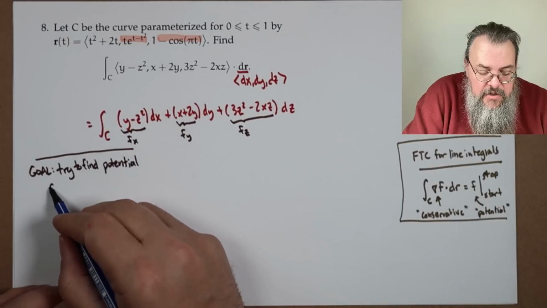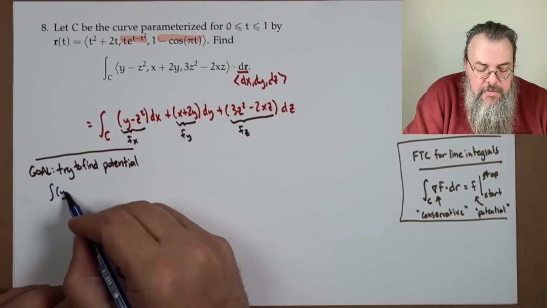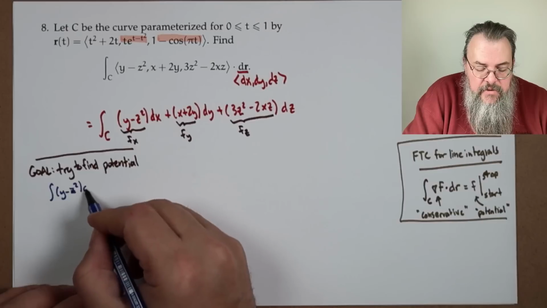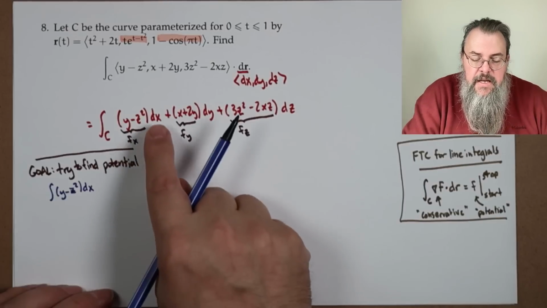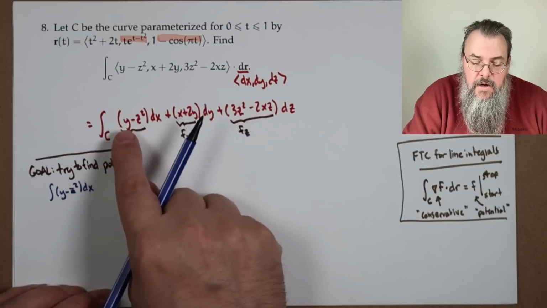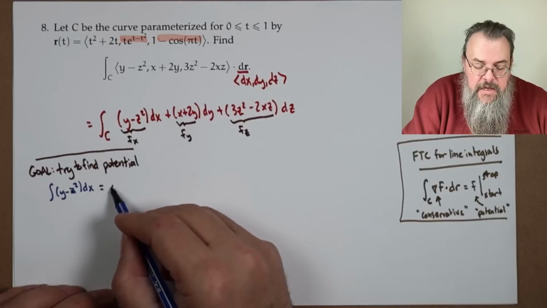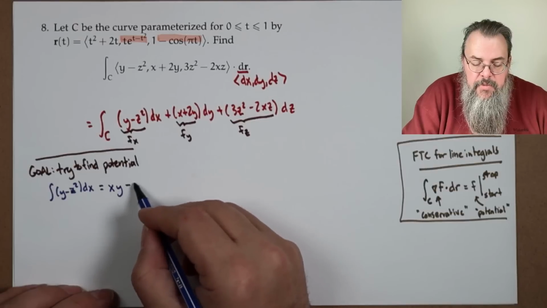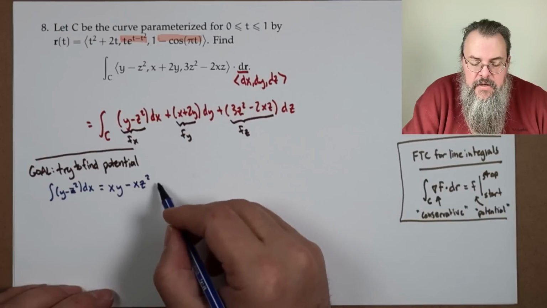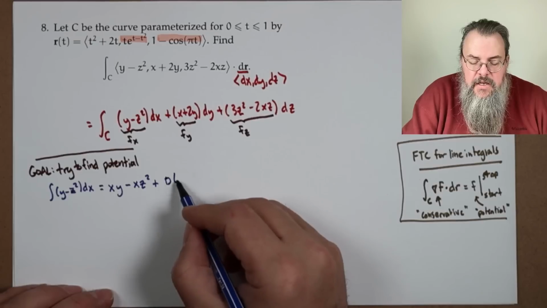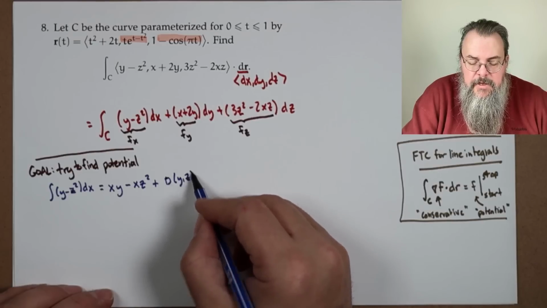So we'll take the integral of y minus z squared dx, which means that we're going to treat x as our variable, so y and z squared are constants. So this becomes xy minus xz squared plus some constant function, I'll call it d, which only depends on y and z.